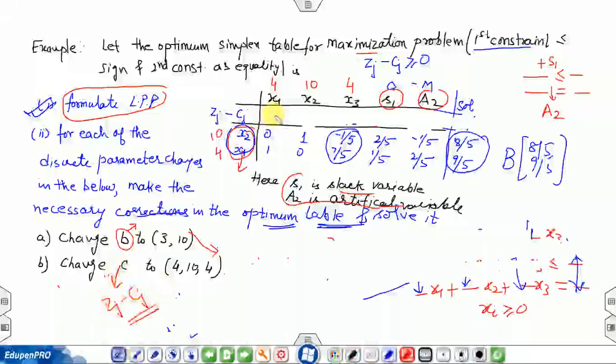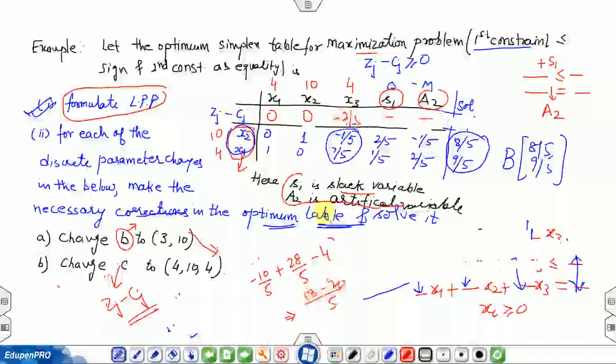So once we calculate here, this number is 0, 10, 0, 0. This is minus 10 by 5 plus 28 by 5 of minus 4. So this becomes 18 minus 20 by 5, this is minus 2 by 5 and so on. Here it is negative, so it means optimal is not there, so you can enter this, and then try to move on until the optimal solution is reached.